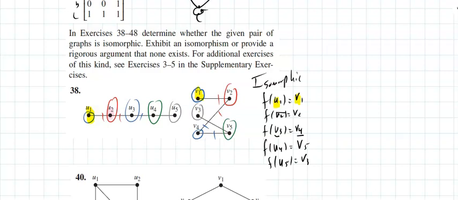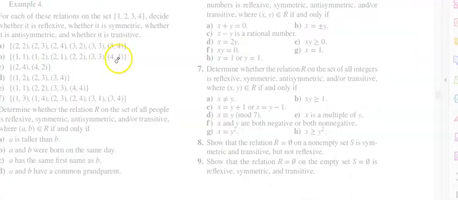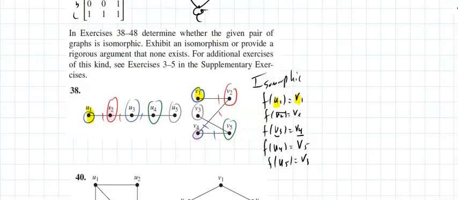U2 is really matching V4. Oh, wait, what? Oh, I'm sorry. I clicked the wrong button, I'm sorry. U2 is mapping V2. Okay, here. U3 is really mapping V4.